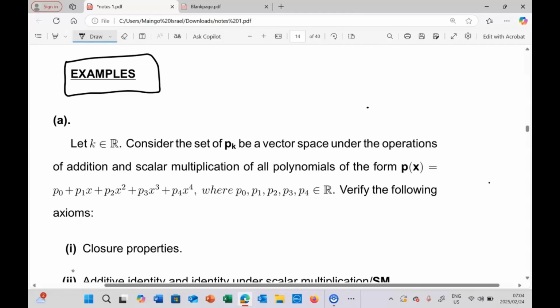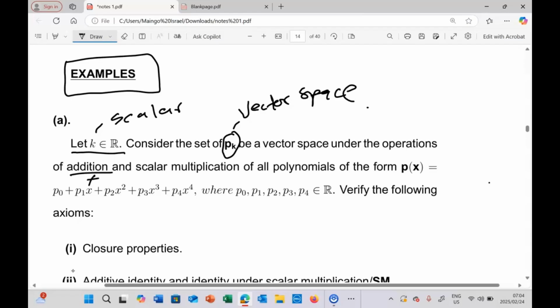Let K be inside the real numbers. That means it's a scalar. And consider the set Pk, which is a vector space under the operations of addition and scalar multiplication.